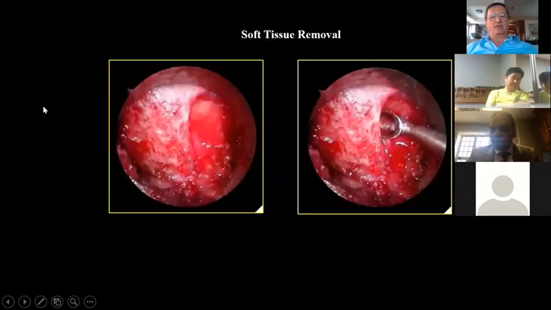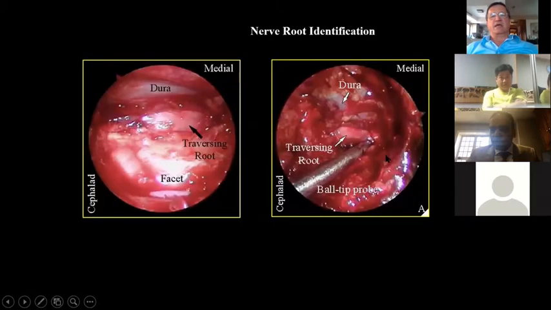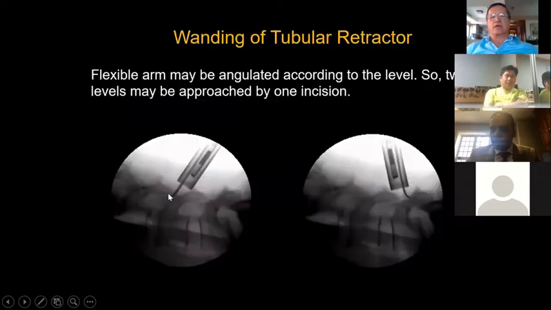These are the sequences. You can also open the inferior lamina and take the ligament, and you can see the dura, puncture the annulus, and remove the disc herniation.